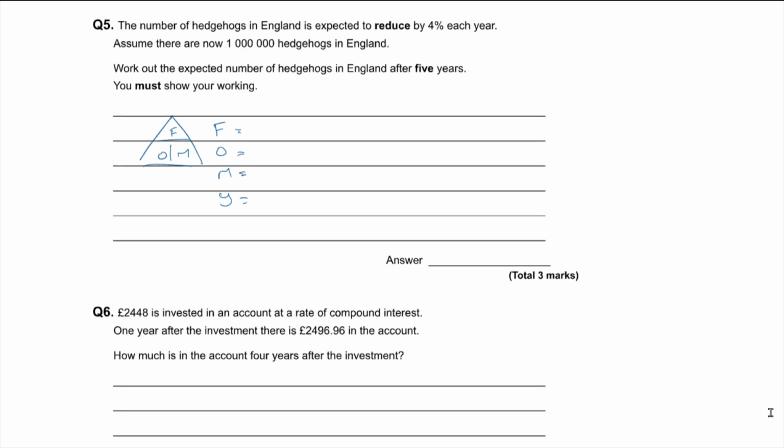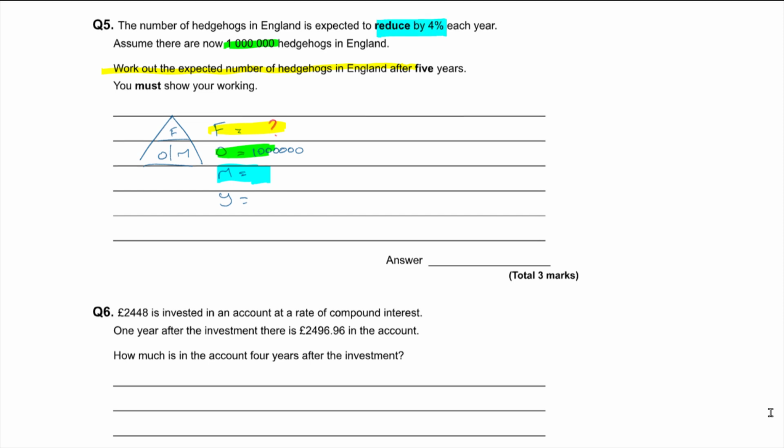Right, so what we've got here then, the final, that's what we're trying to find, isn't it? Work out the expected number of hedgehogs. So that's the thing that we want to find. Okay, so then the original, what's the original? We're starting with 1 million hedgehogs. It's actually not a lot of hedgehogs if you think about it. And then the multiplier, what's that? That's going to be a reduction of 4% each year.